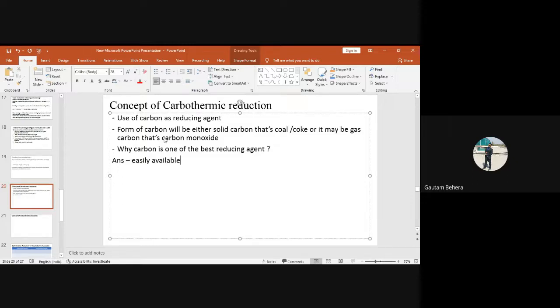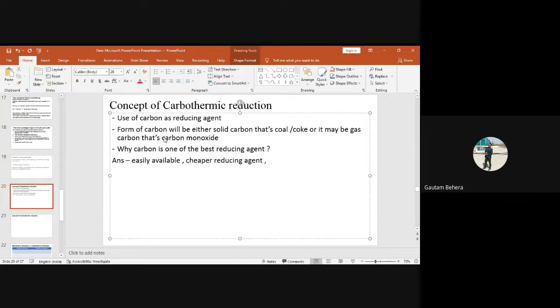Carbon is easily available, or they are abundant in earth crust, right? Cheaper also, cheaper reducing agent. Easily available, cheaper reducing agent. Okay.